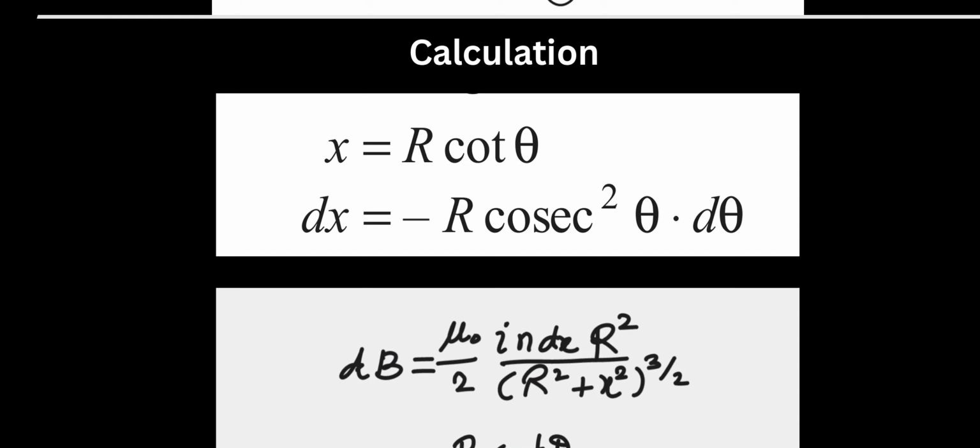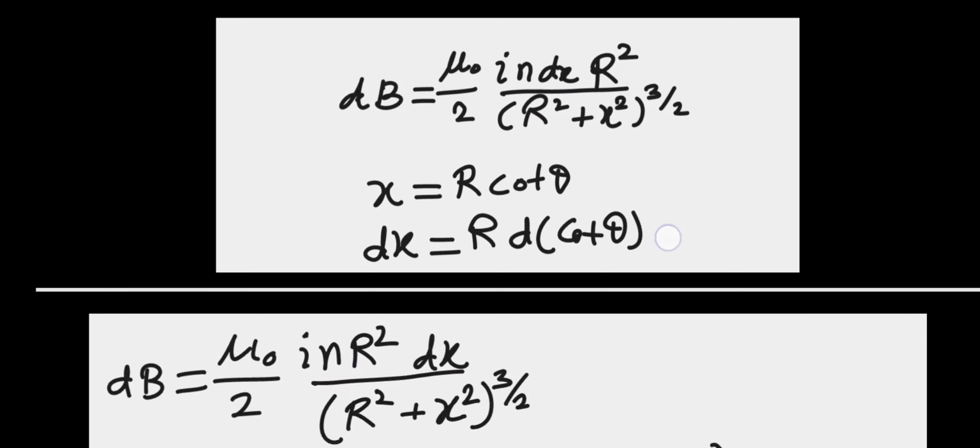We put these two values, x equals r cot theta and dx equals minus r cosec square theta d theta. We get dB equals mu 0 by 2 I n dx r square by (r square plus x square) to the power 3 by 2, equals mu 0 by 2 I n r square dx by (r square plus x square) to the power 3 by 2.